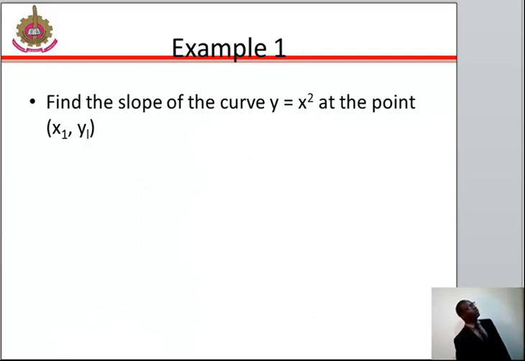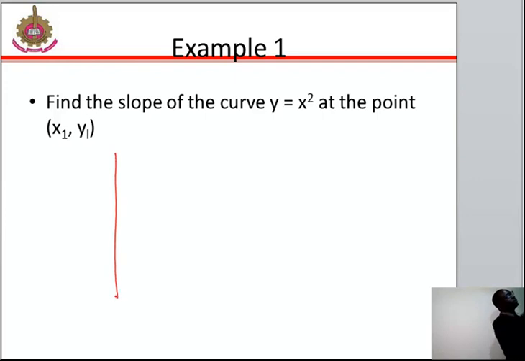Now let us go. We have to find the slope of the curve. That is example 1: y equals x squared at the point x1, y1. Now you have your y-axis, do not forget, and your x-axis.